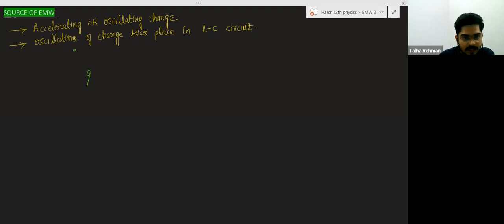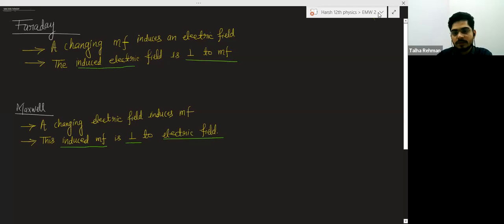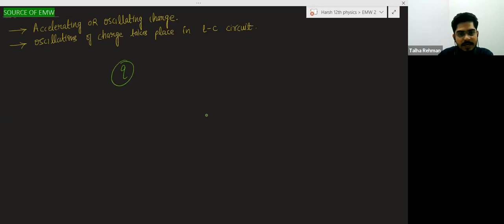Suppose this is a charge, and this charge is accelerating. What is the meaning of accelerating? Moving with variable velocity.